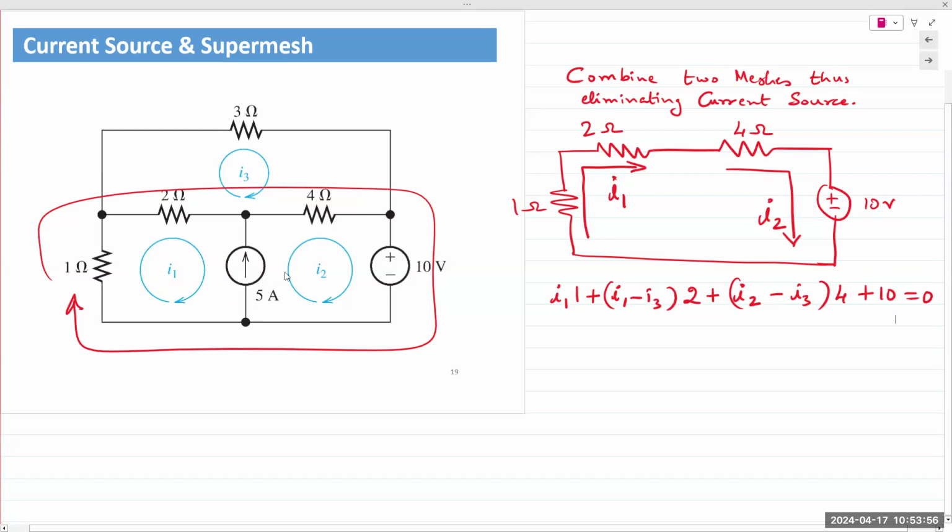Hopefully. Any questions at all? Okay, no more questions. Then let's look at what happens if the current source is not shared.